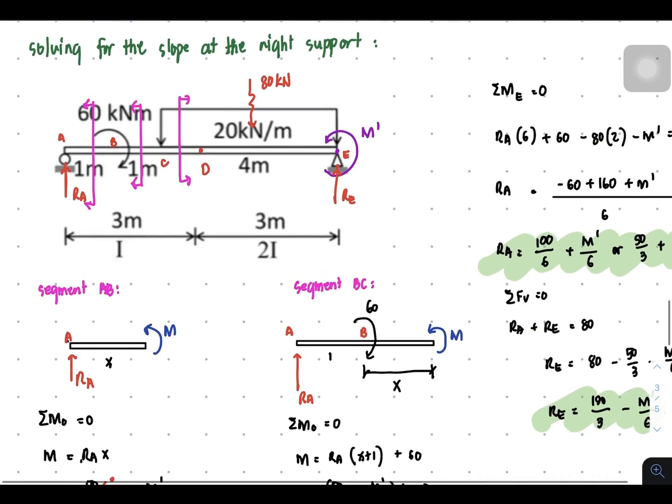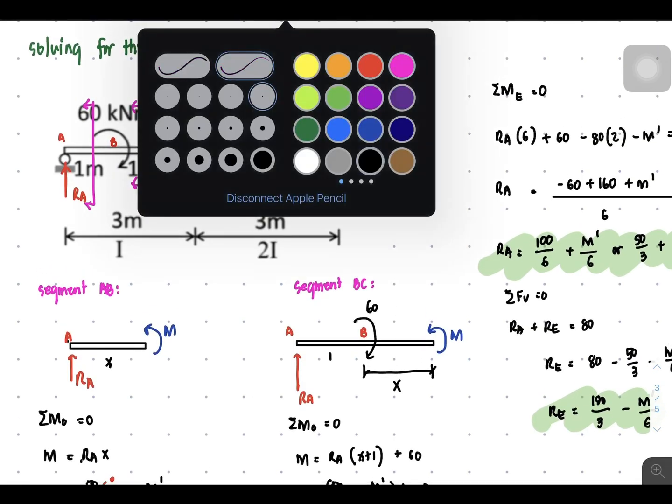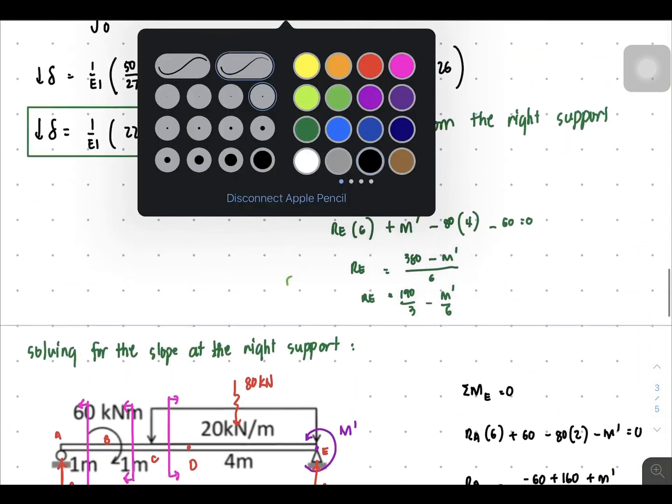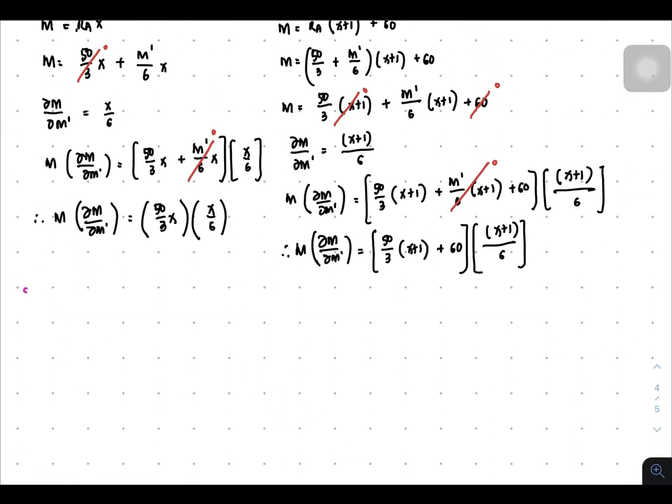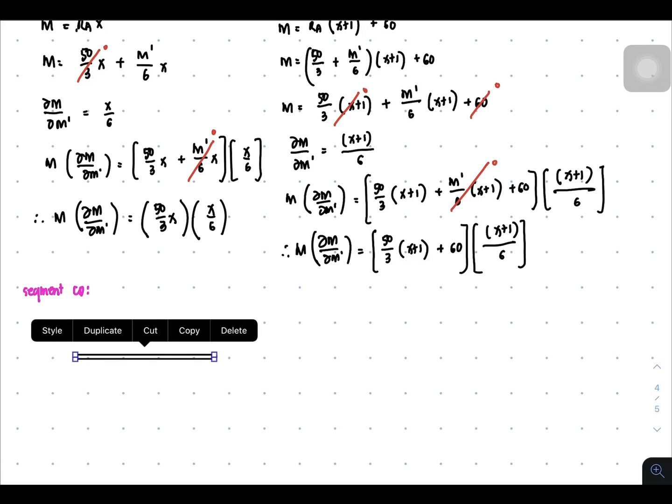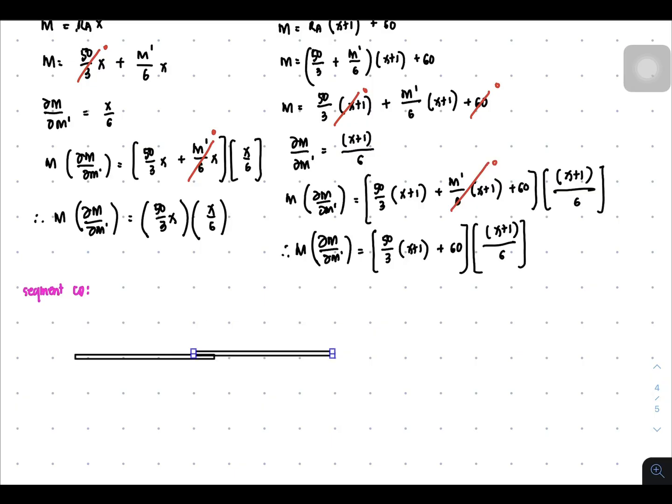Let us continue in drawing the CD segment. So for CD, we have here segment CD. It's going to be, let's copy the beam and also the loading.